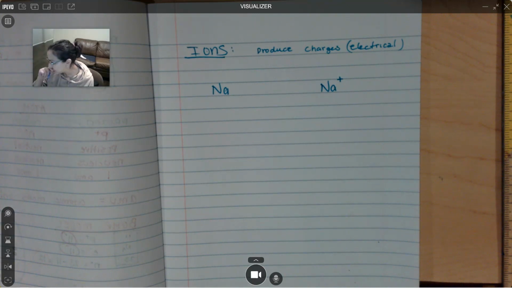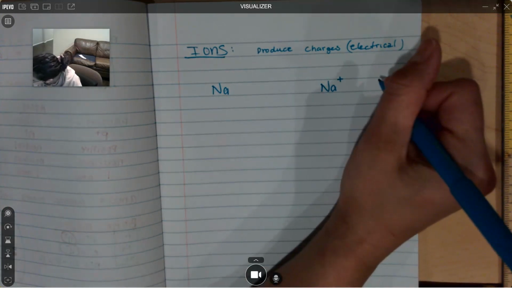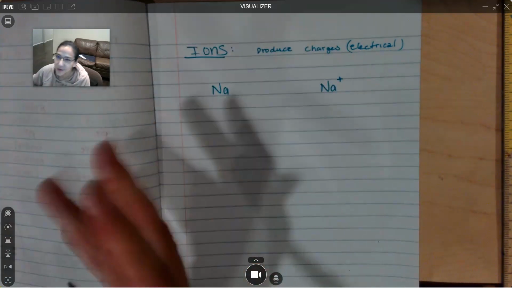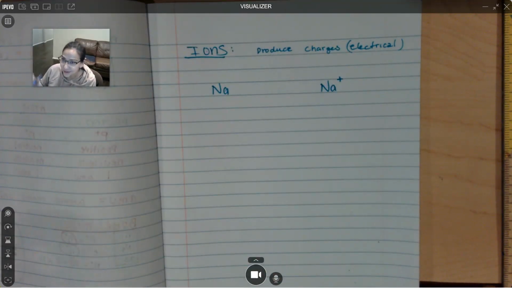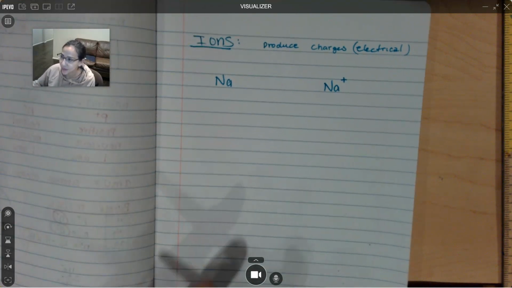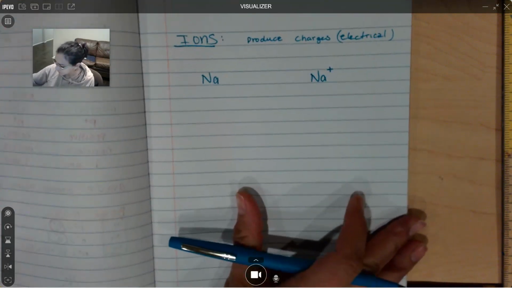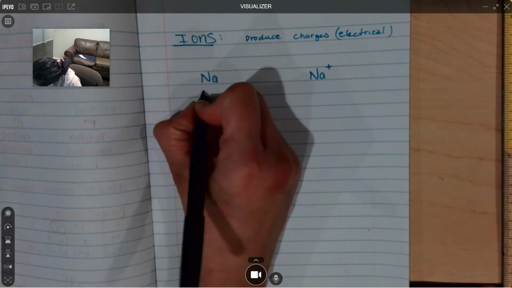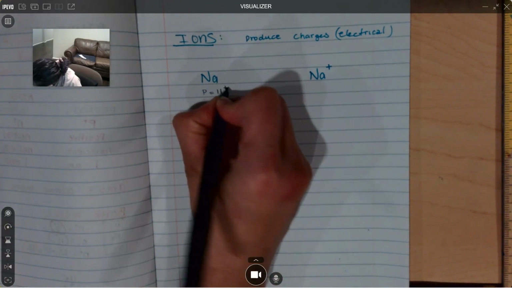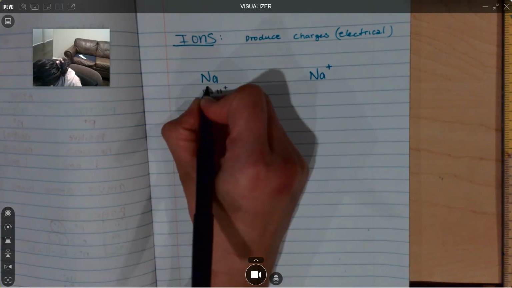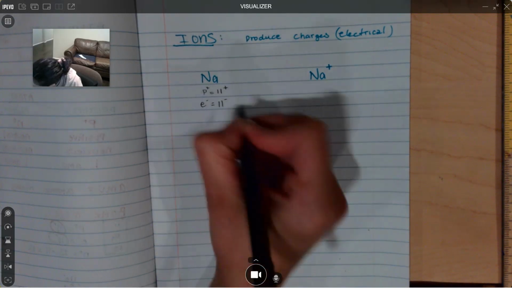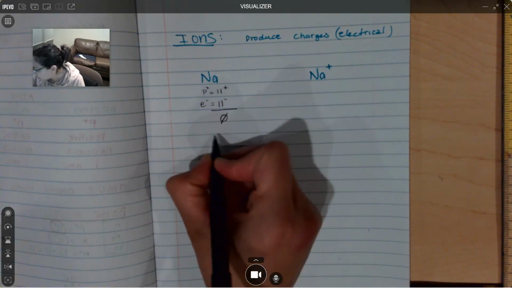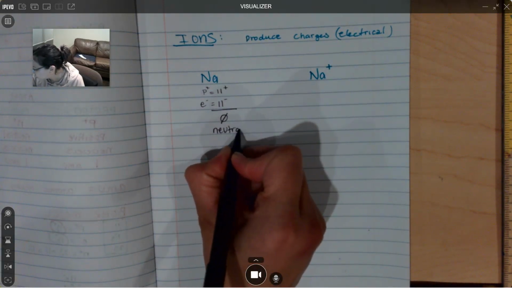I'm just going to write those two here. So let's talk about their particles. In this neutral sodium, protons equals 11, electrons equals 11. Charges cancel each other out, and it is neutral.